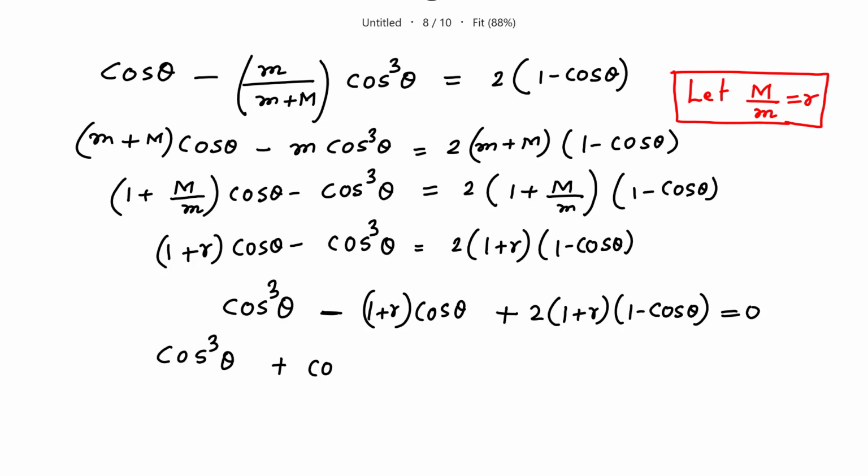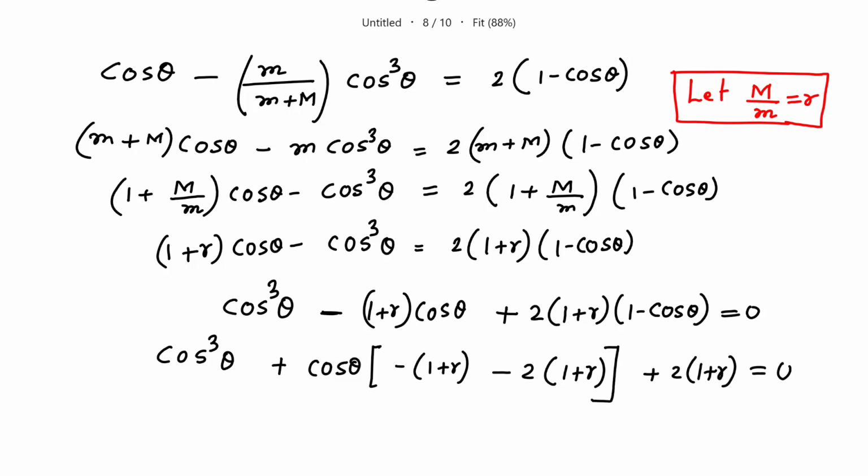Now let us take cos theta common. So here I will have minus (1 plus r), and here I will have minus 2 times (1 plus r), and then plus 2 into (1 plus r) equals 0.